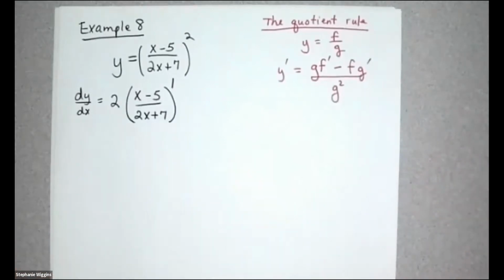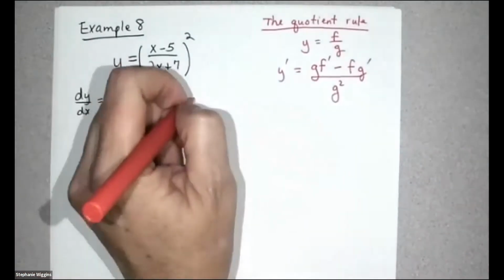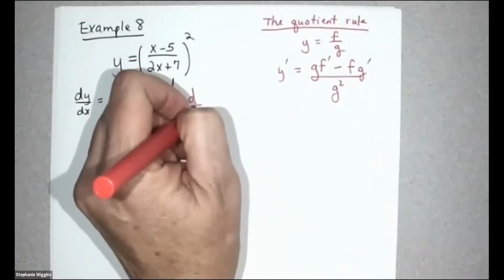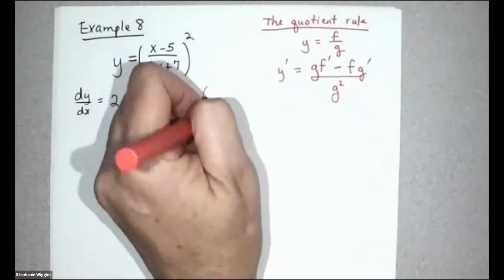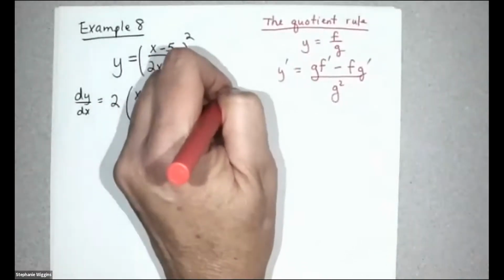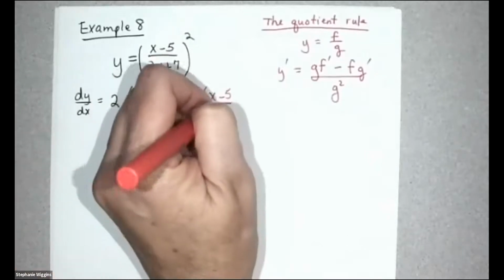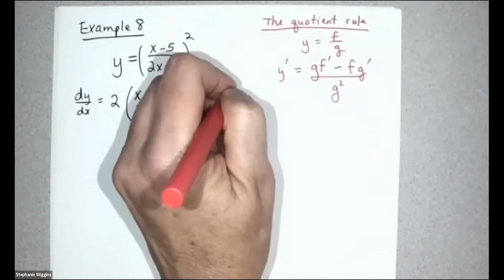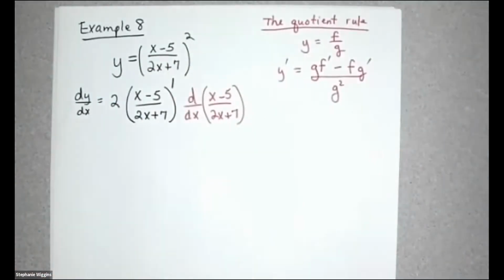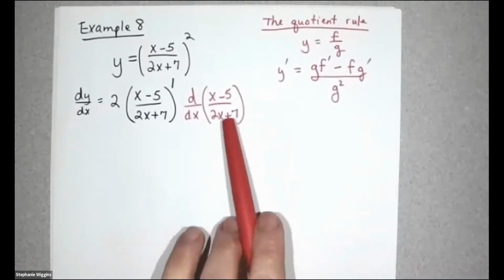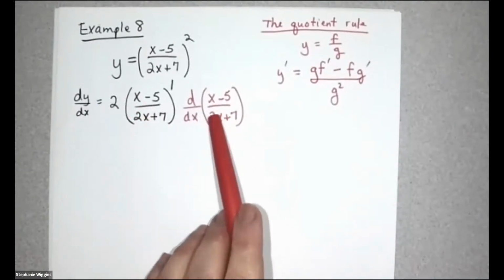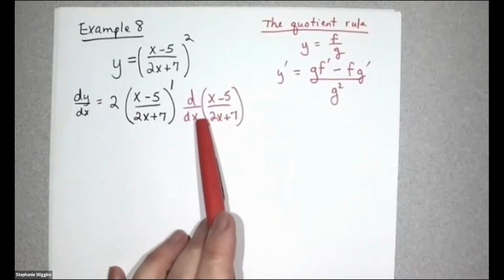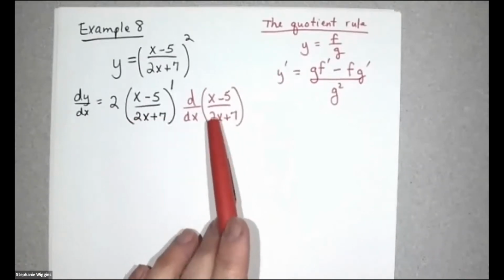But then by the chain rule, I have to multiply by the derivative of this inside function. That's the chain rule, right? You have to take the derivative of what's inside and multiply your result by that, okay? Always have to multiply by that derivative.